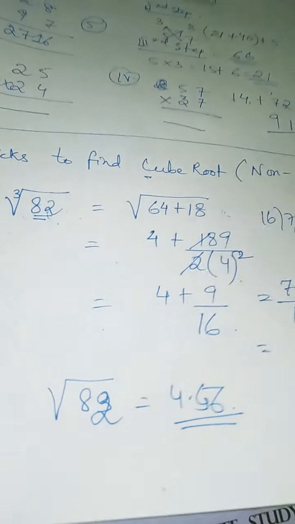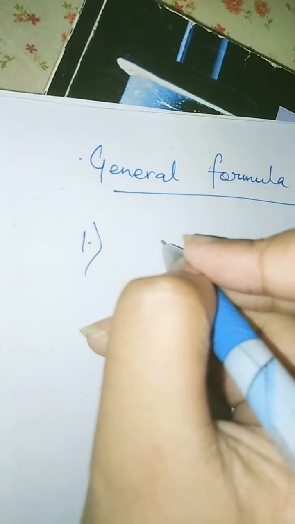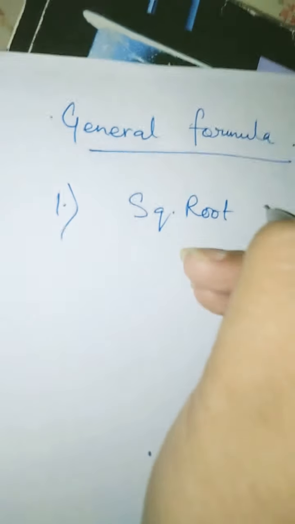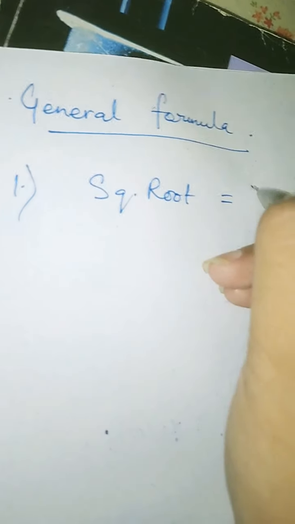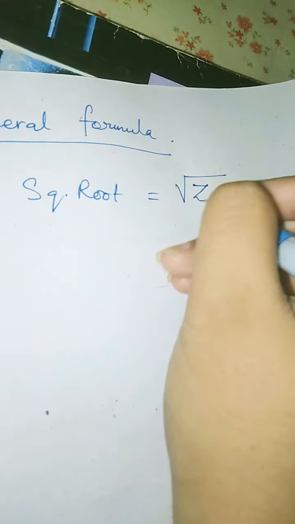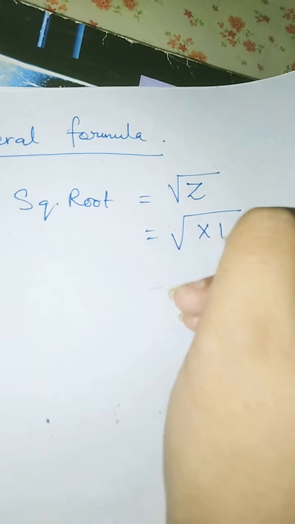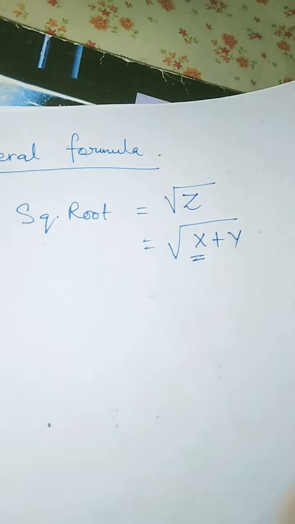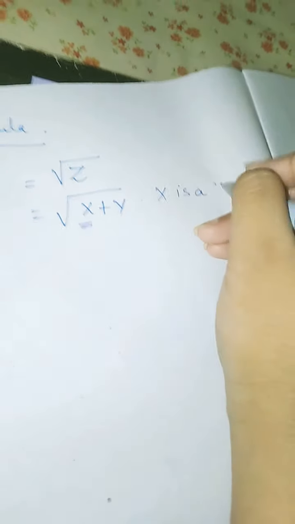Now for general purposes, I will make you revise one time so that it will be very clear to you. The general formula for square root. For example, if you have a number root z, you will have to break it first as root over x plus y, where x is a perfect square number.